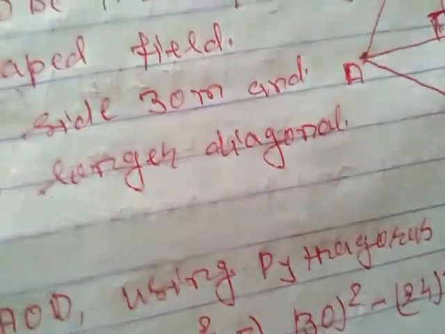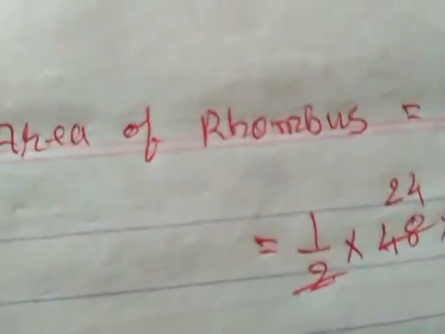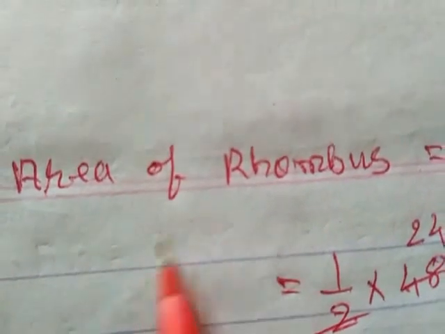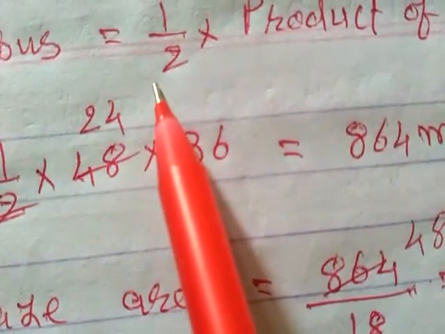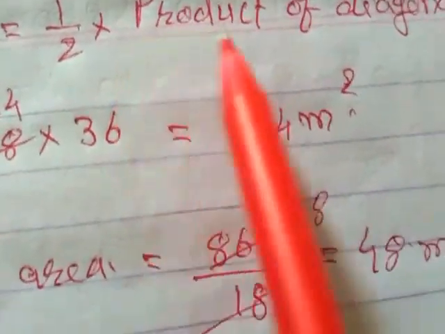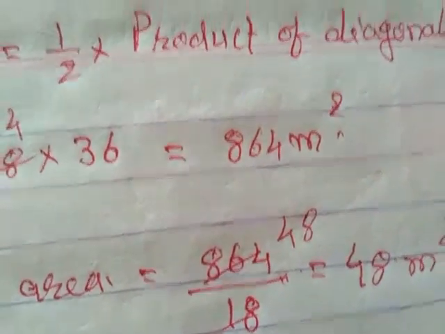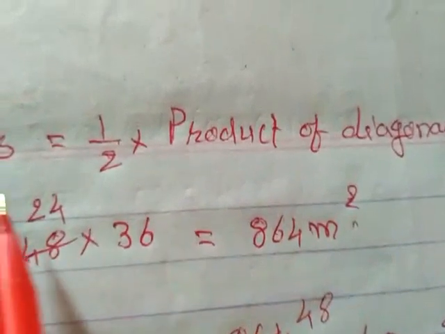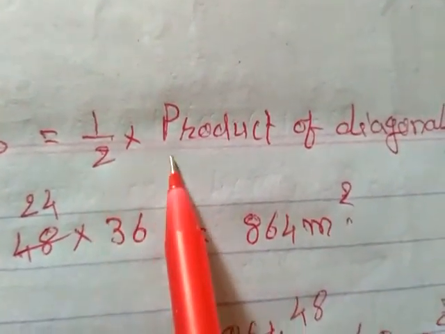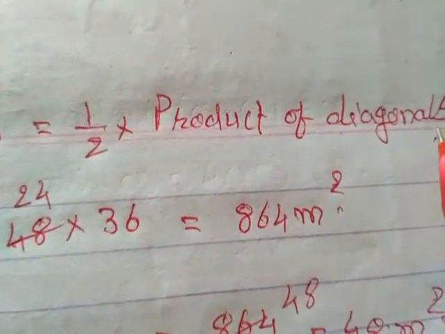So now we apply the formula for the area of a rhombus. The area of a rhombus is equal to half into the product of its diagonals. A rhombus has two diagonals, so it is the product of both diagonals.